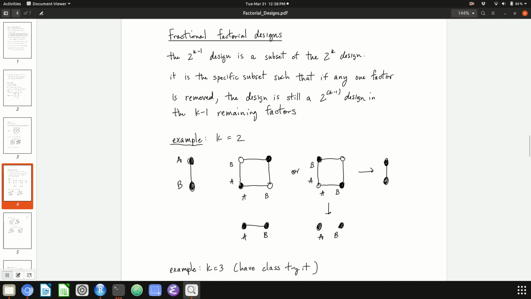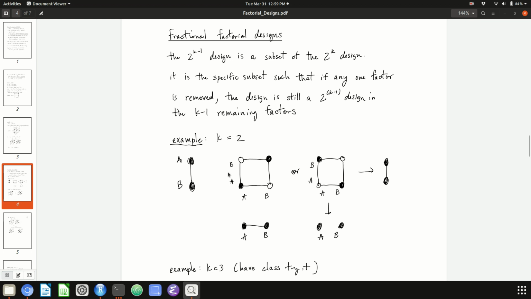So the 2 to the k-1 design when k equals 2 means we have two factors, factor 1 and factor 2 in the vertical. Instead of doing 4 runs, we do half of those. We do 2 runs. So what this diagram is saying is that instead of doing all 4 combinations, we do a run at AA and BB.